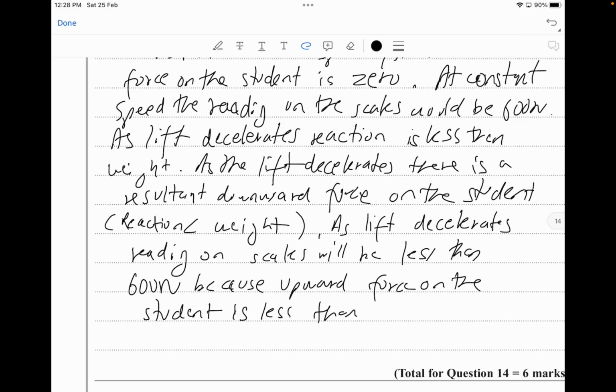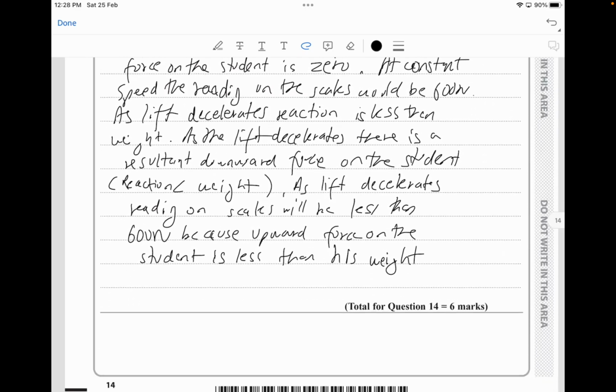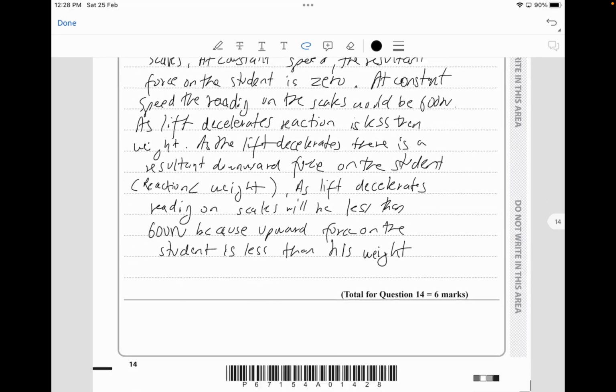So if the upward force is less and the downward force is more, it's more likely to go downwards. This is going to be the answer for roughly about 6 marks. So let's move on to the next question.